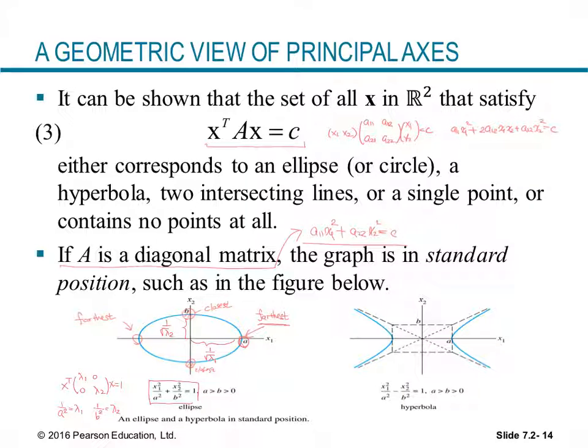Of course, I'm assuming that lambda 1 is smaller than lambda 2. So we can easily measure the distance from one of the points on this ellipse to the origin if A is a diagonal matrix, and we can derive similar results for this hyperbola.